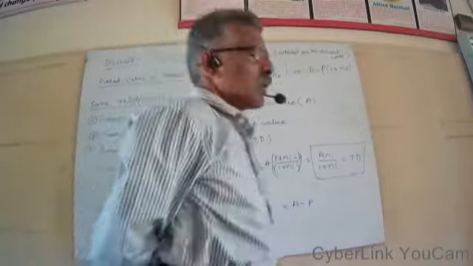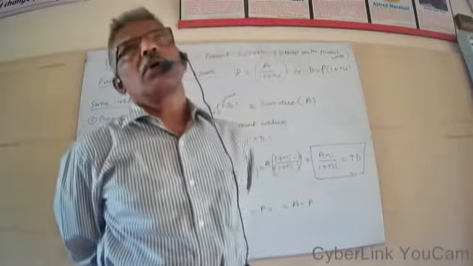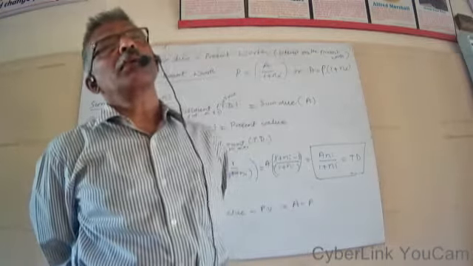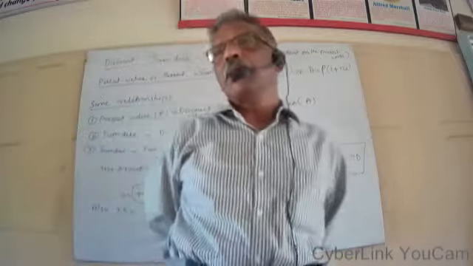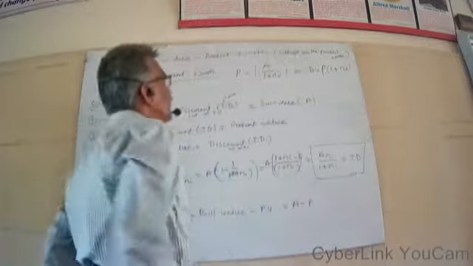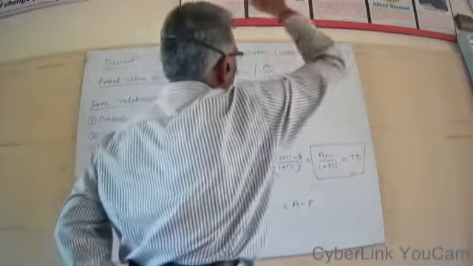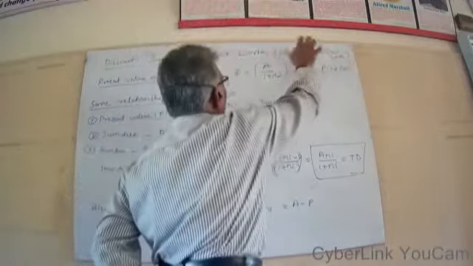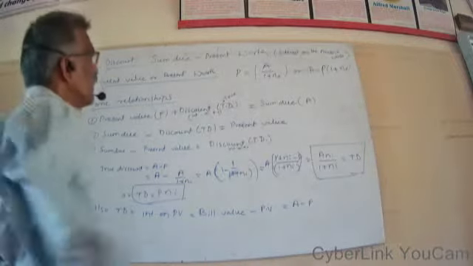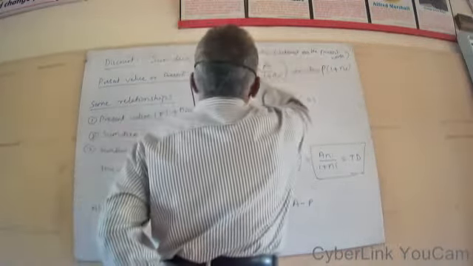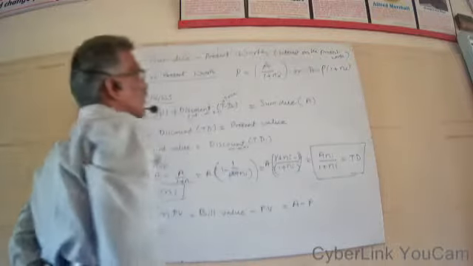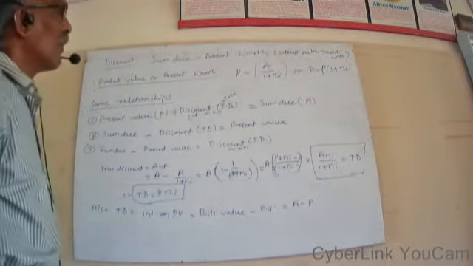Present worth is the principal amount P from the previous section. So the present value, and the interest on the present value, gives the present worth.